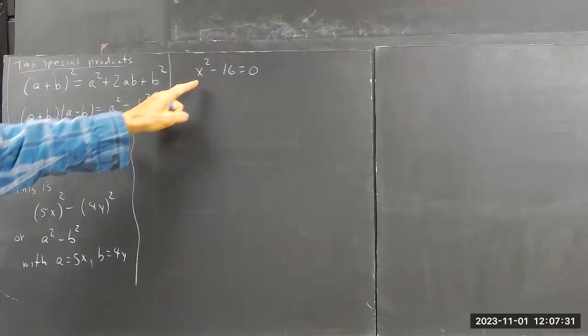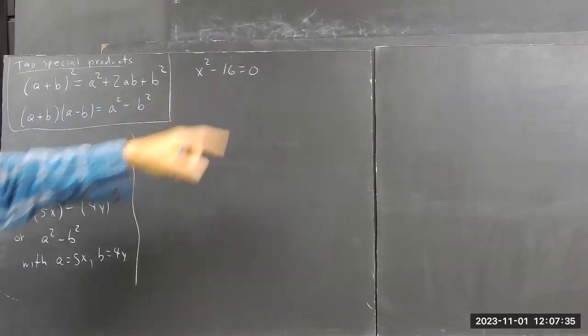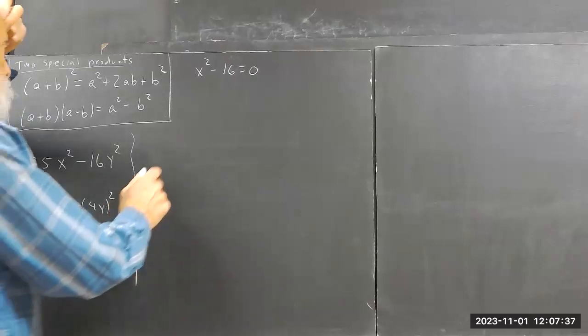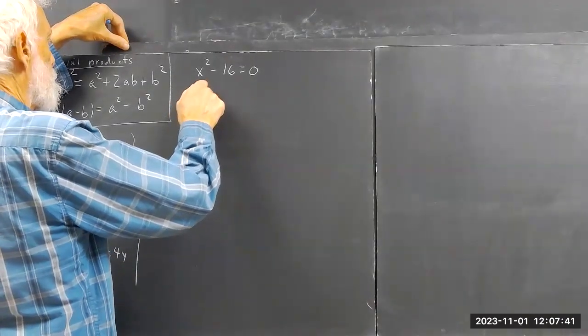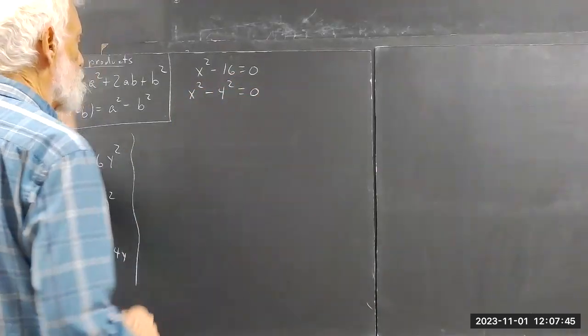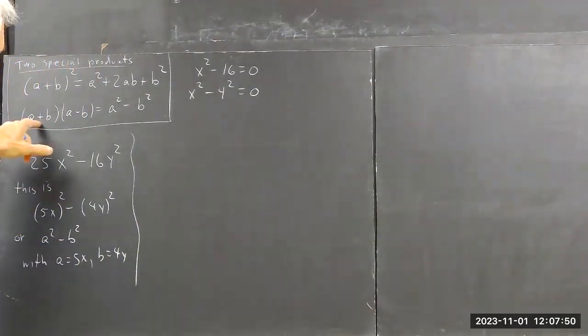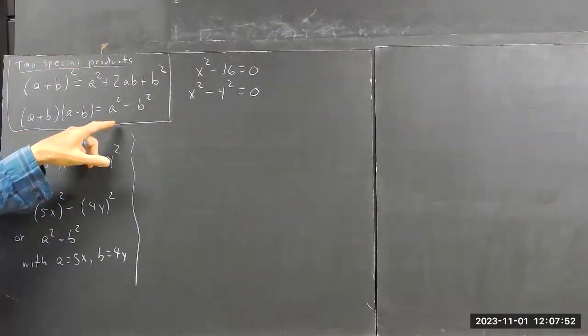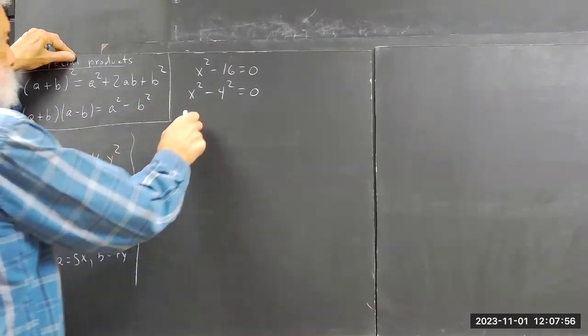Well, x squared is the square of x, 16 is the square of 4. So I can write this as x squared minus 4 squared equals 0. And then by this identity, that's x squared minus 4 squared, because this is a.